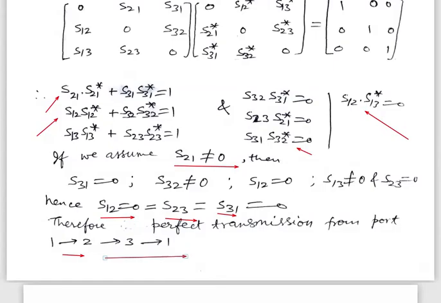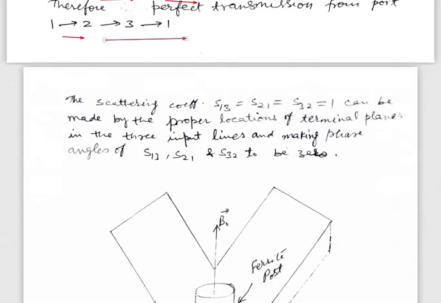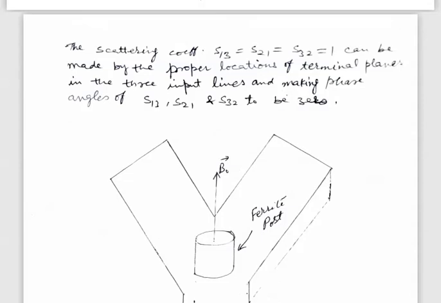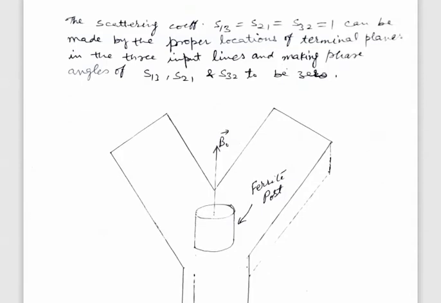So these results can be utilized in the construction of a 3-port junction. These scattering coefficients can now be made by proper locations.